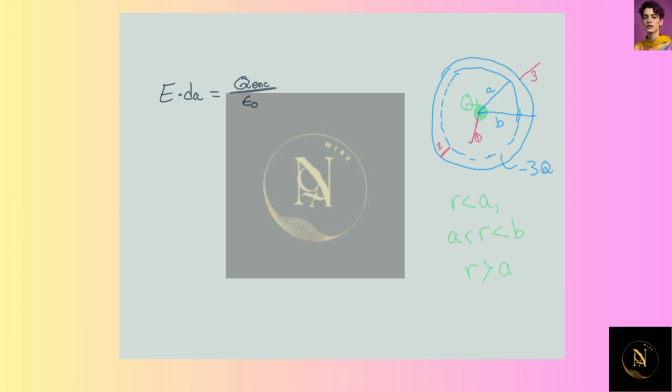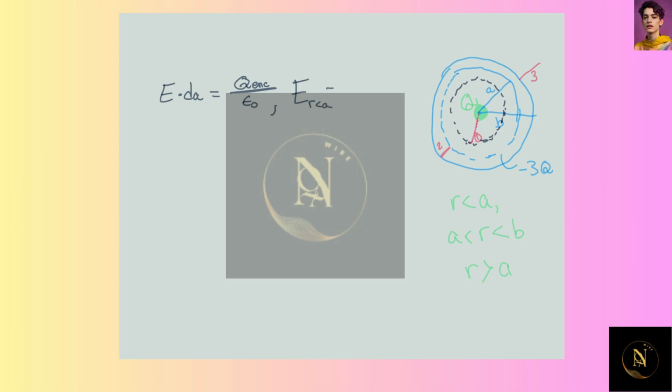For my first region, inside this hollow spherical shell, my Q enclosed is just Q. E is perpendicular to the surface everywhere because we have that spherical symmetry, so E dot dA is just E times the surface area of the sphere, 4 pi r squared.